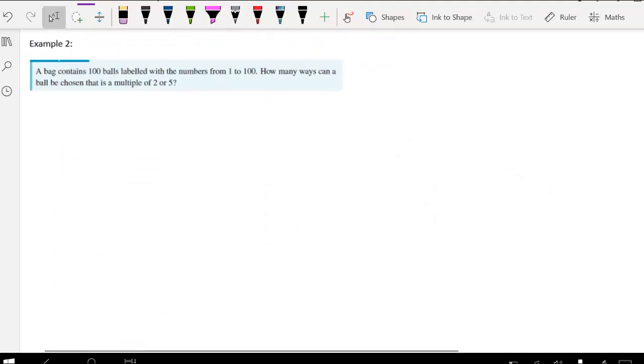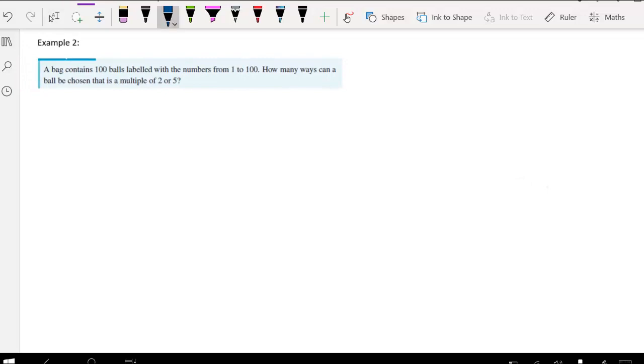All right, now we'll look at a second example. So in our second example, we have a bag containing 100 balls with the numbers from 1 to 100. So we're going to say straight away, universal set has 100 values in it. How many ways can a ball be chosen that is a multiple of 2 or 5?